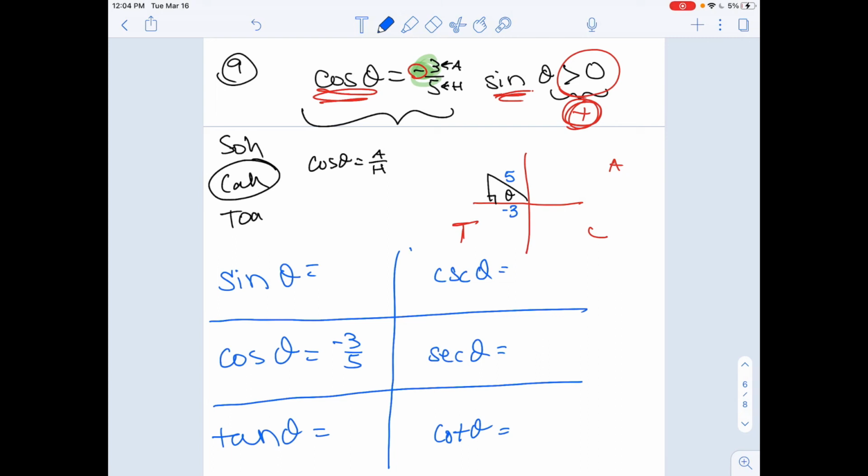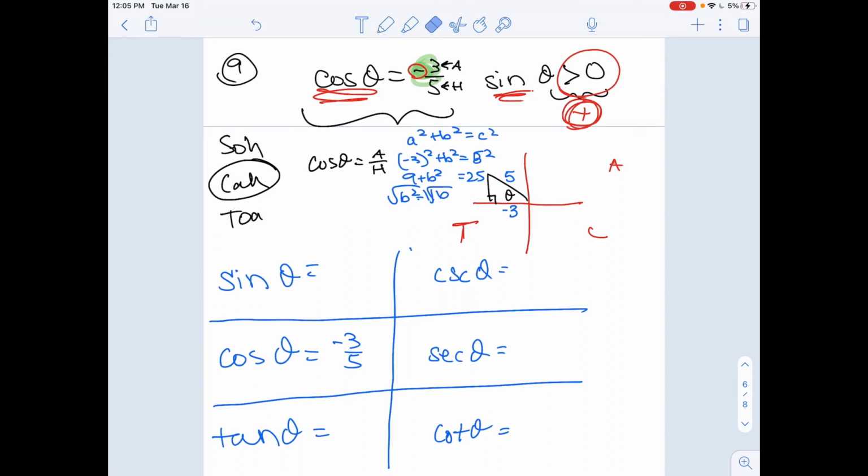If you remember, Pythagorean triples are 3, 4, 5. They're perfect numbers, but we can also use our Pythagorean theorem to find this. So we'd say -3 squared plus b squared equals 5 squared, which is 25. So b squared equals 16. The square root of 16 is 4.